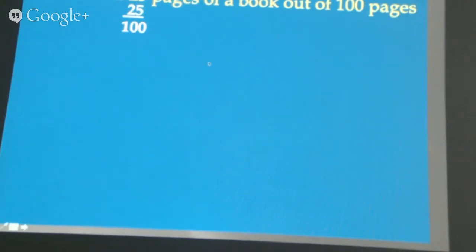Now look at this 25 over 100. Now think 25 table. How many times does it go in the numerator? 1 time. In the denominator? 4 times. So if I strike it off, the final answer is 1 over 4.